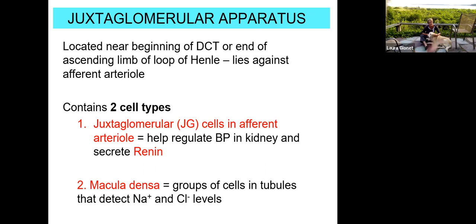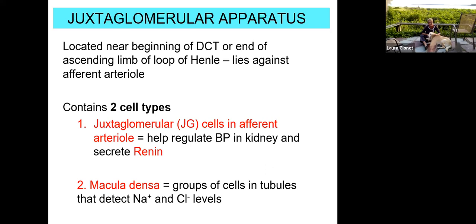So depending on the book, some will refer to it as the DCT, others will say it's the distal portion of the ascending loop. But in any event, we're going to use DCT. So where the distal convoluted tubule, the wall of that tubule, abuts or is adjacent to the afferent arteriole, that junction there is called the juxtaglomerular apparatus.